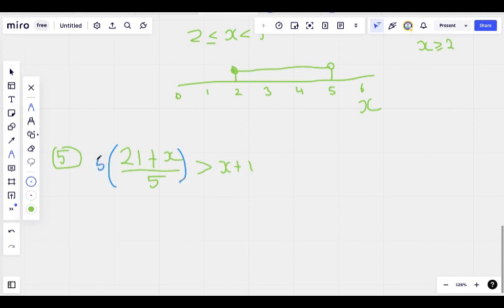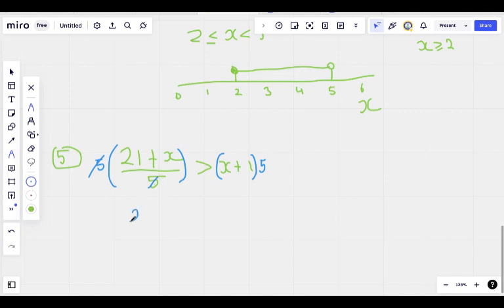You know, whatever you do to the left, you must do to the right. So I multiply through with 5, so that this 5 here can cancel this 5 here. The whole reason is to eliminate the denominator. That's the first thing. So I do that, and then we get what?